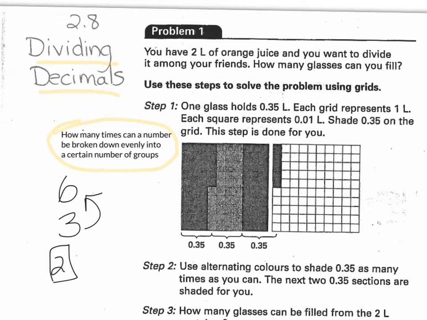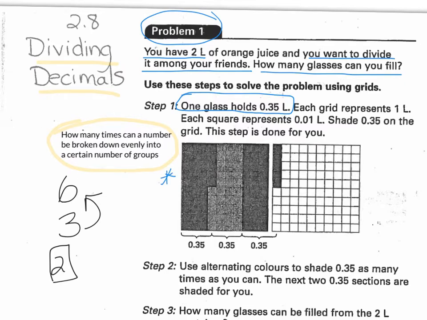Let's look at problem number 1. You have 2 liters of orange juice, and you want to divide it among your friends. How many glasses can you fill? We have been given the information that 1 glass holds 0.35 liters. We are going to model this using a grid.